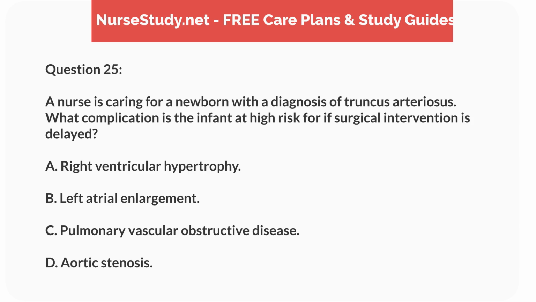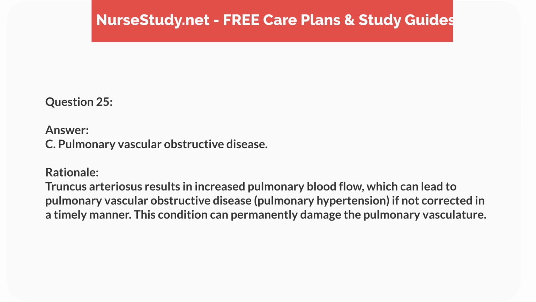D. Aortic stenosis. Answer: C. Pulmonary vascular obstructive disease. Rationale: Truncus arteriosus results in increased pulmonary blood flow, which can lead to pulmonary vascular obstructive disease, pulmonary hypertension, if not corrected in a timely manner. This condition can permanently damage the pulmonary vasculature.